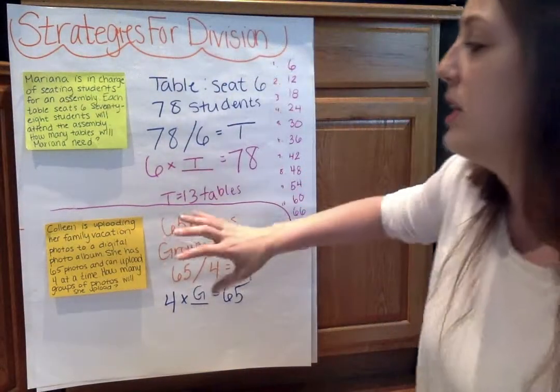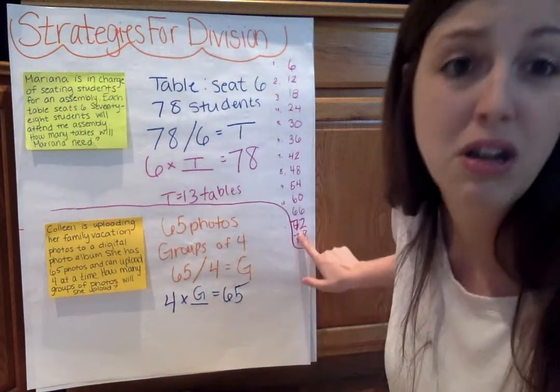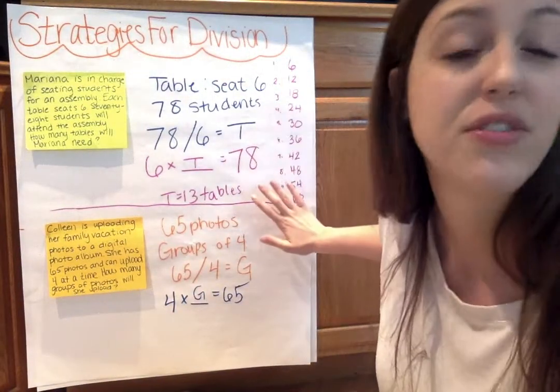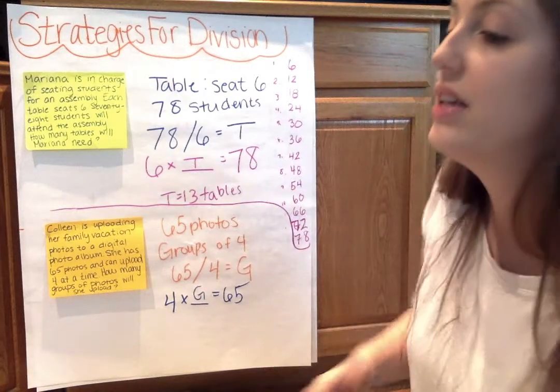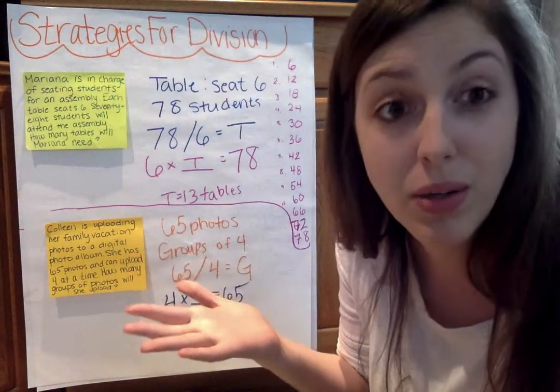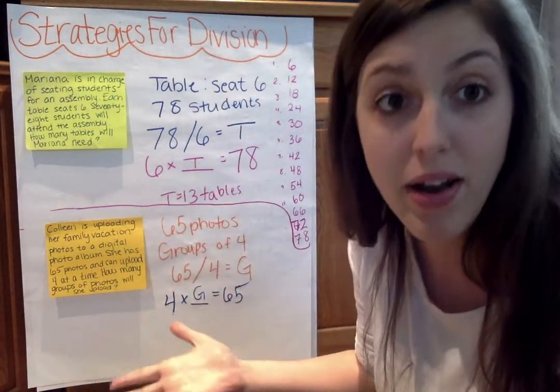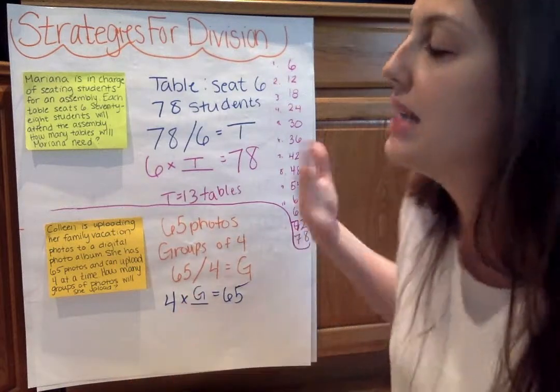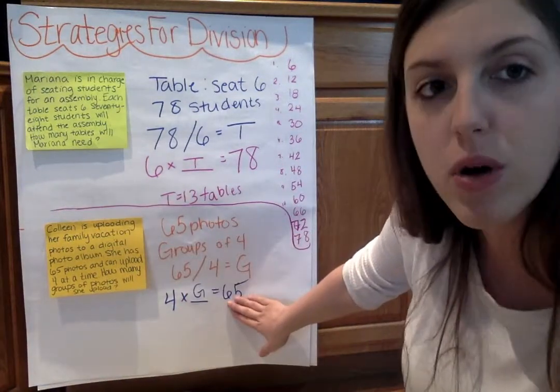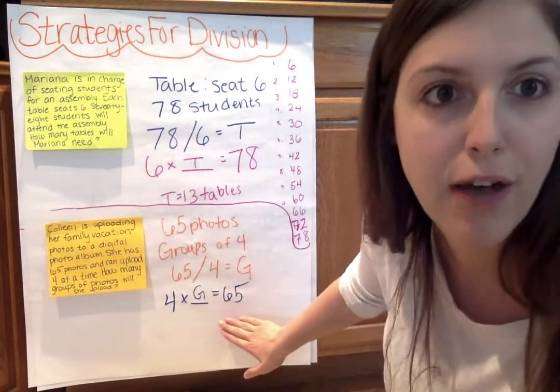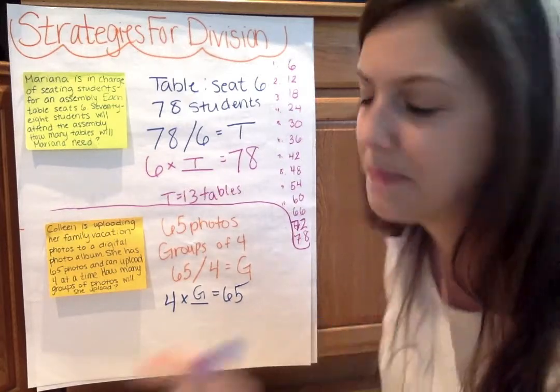But before I do that, this took a really long time. It's not the most efficient strategy. I can use my knowledge of multiples to know, okay, I don't have to start at 1 all the time. I can think of a higher multiple of 4 to get me closer to 65. So watch how I do this.